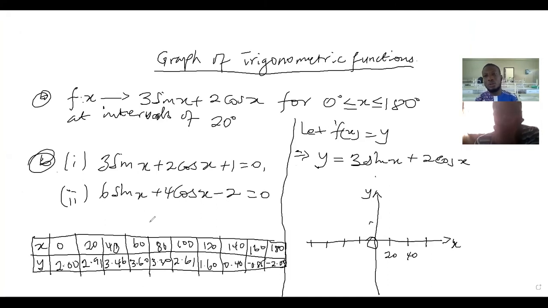In most cases, the questions that are asked under the graph, whether quadratic graph or trigonometric graph, require you to compare the equations you are given to the original function.